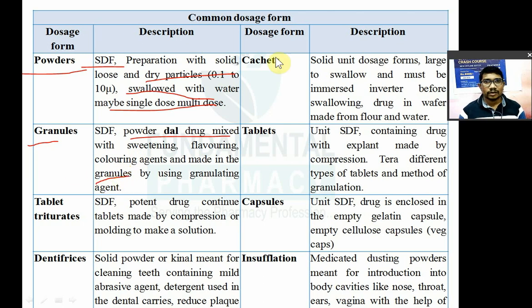Next one is a cachet. Cachet means a solid unit dosage form. They are too large to swallow, and they must be immersed in water before swallowing.